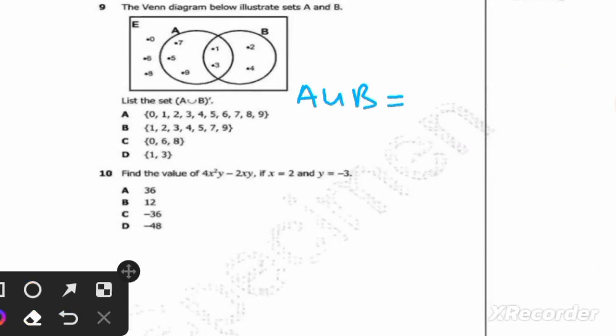So we are going to combine members from set A and B, and we are listing them in ascending order, starting from the smallest one.